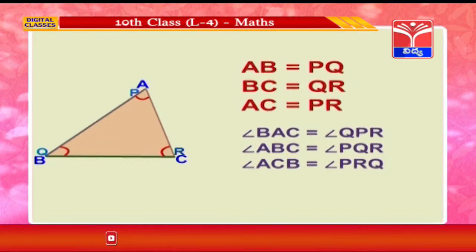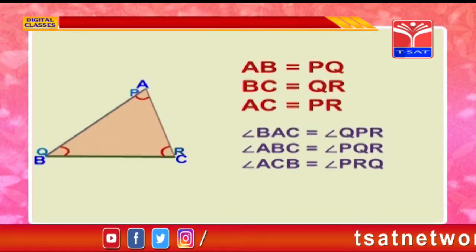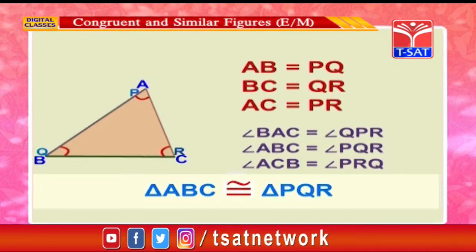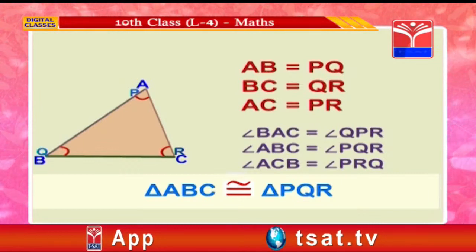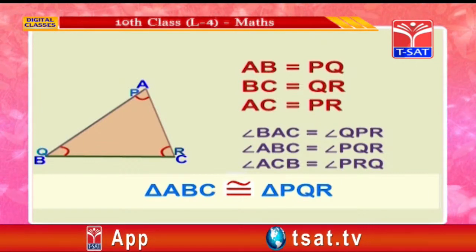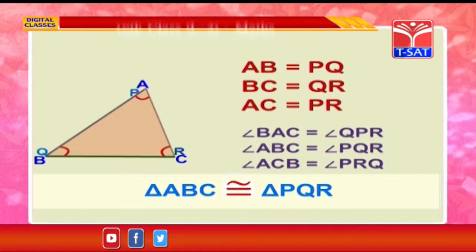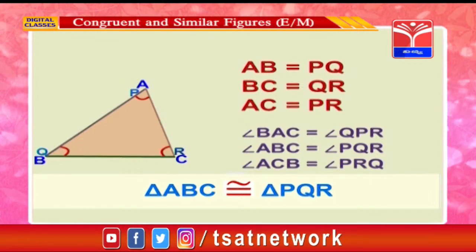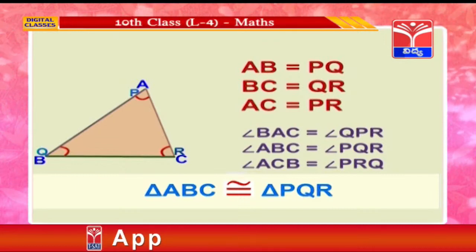So, we have the corresponding sides equal and also the corresponding angles equal in these two triangles. We say that these two triangles are congruent as they have corresponding sides equal and corresponding angles equal as well. You can observe the symbol for congruency, children. We write it as triangle ABC is congruent to triangle PQR.